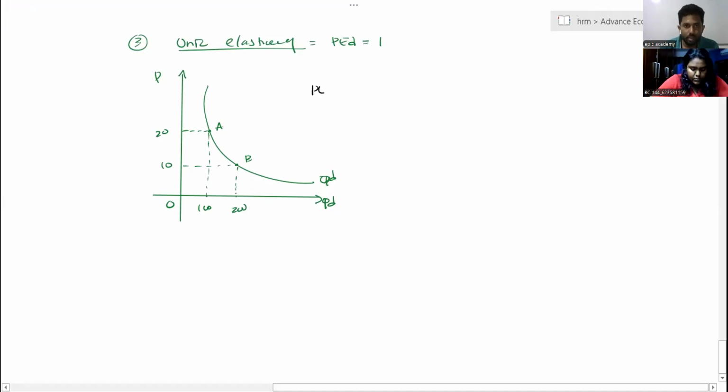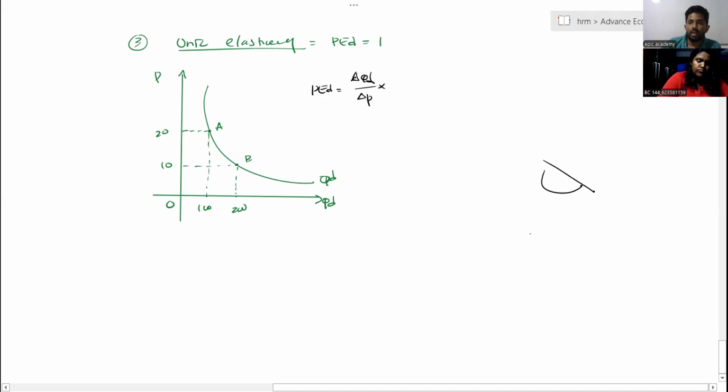PED, right. Delta QD divided by delta P multiplied by P over Q. Here, you have to identify something. You can use point elasticity with a straight-line demand curve. But you cannot use point elasticity when the demand curve takes other shapes.